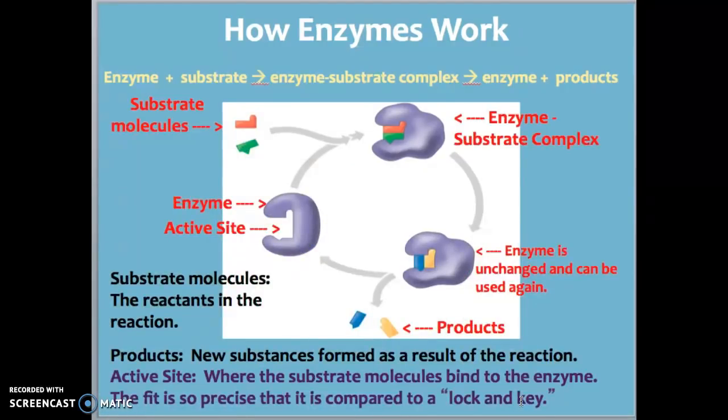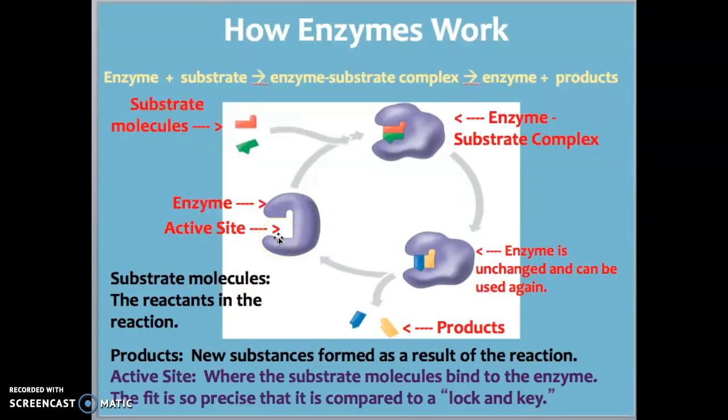Taking a look at how they work, the purple glob here is the enzyme itself, and in the enzyme, because of the chemical structure, the way that the carbon atoms are arranged and the amino groups are attached to each other, it forms a pretty specific active site. This is where the reactant is going to bind. And so this active site is kind of like a lock.